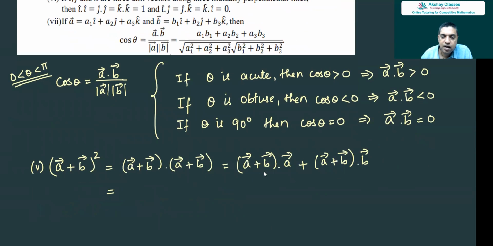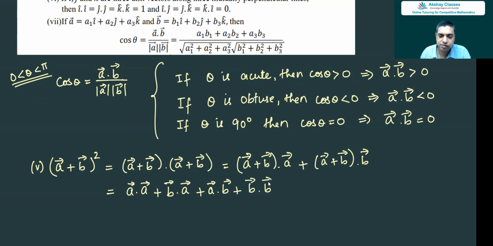Then again, multiplication is distributive over addition. So you get A dot A plus B dot A plus A dot B plus B dot B. Now A dot A is modulus of A into modulus of A into cos of the angle between the two identical vectors. Cos of the angle is cos 0.